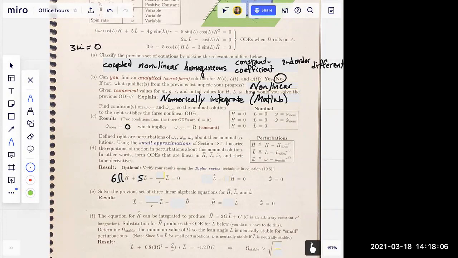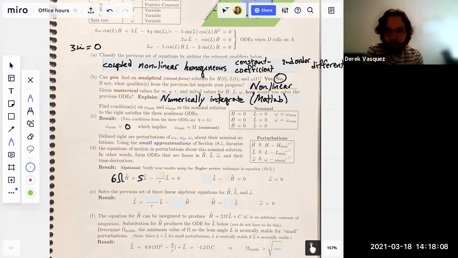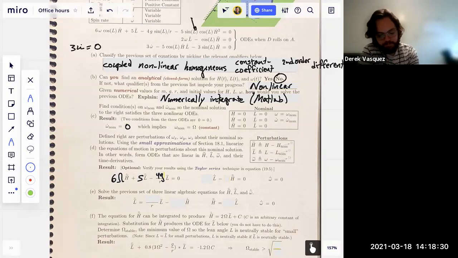At small angles, sine of L is approximately equal to L. So we're going to have 4G over R times L tilde as the linearization of 4G sine L over R. And this term, when we linearize it, is going to go away, and that's because we have an H dot squared.